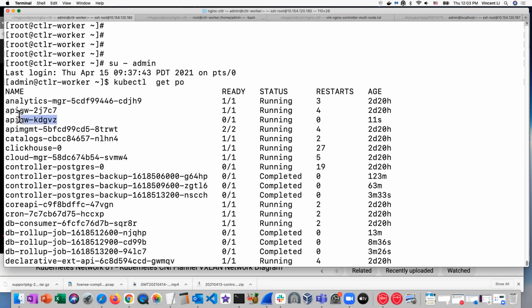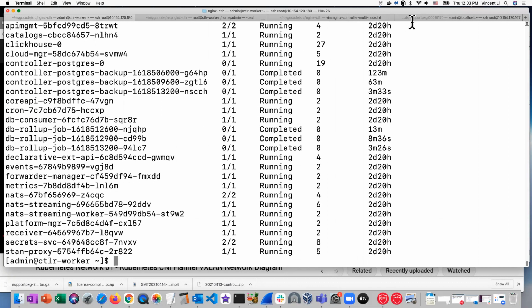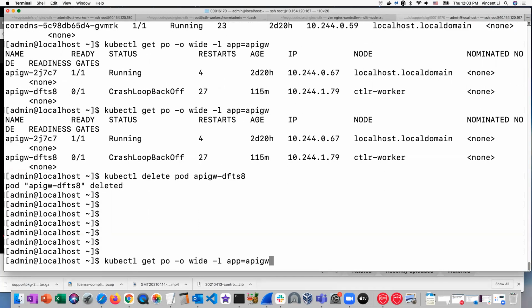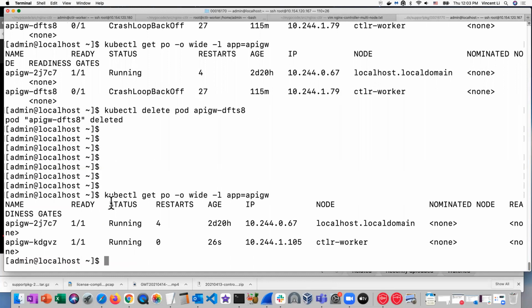Okay, so this is a new pod, right? That's the new pod. Now it's running on the controller worker node, right?